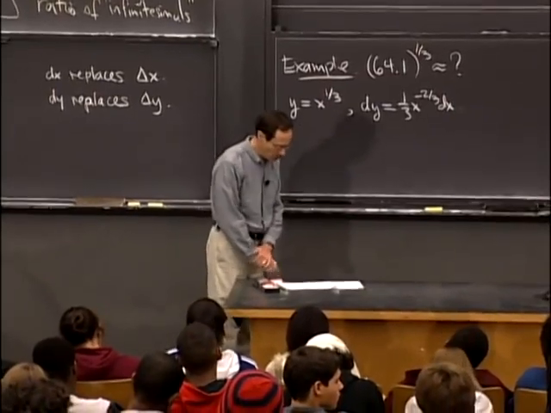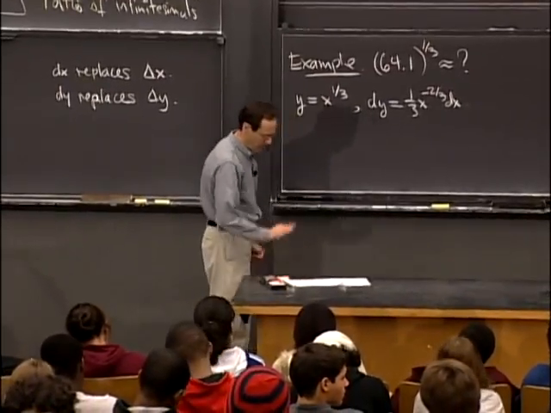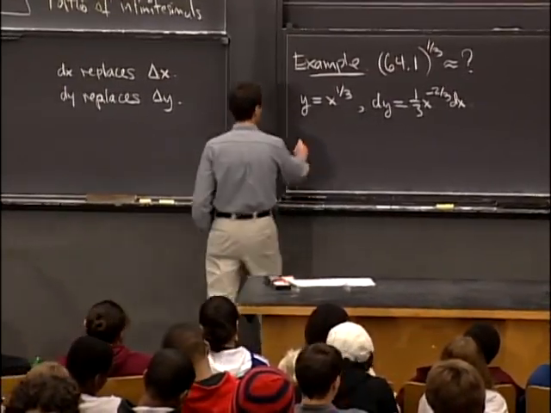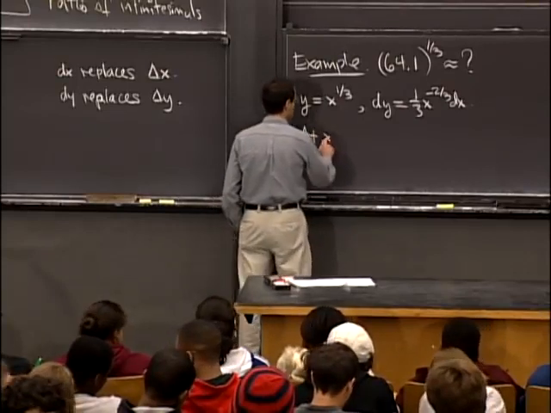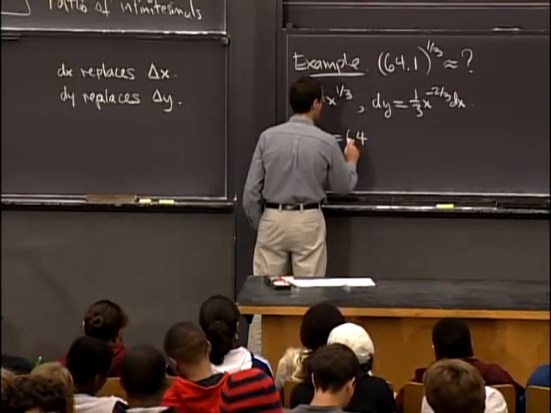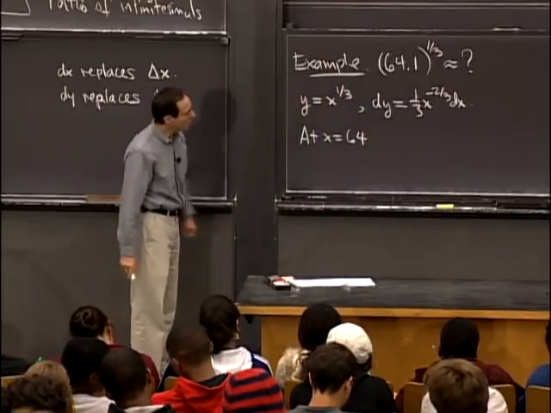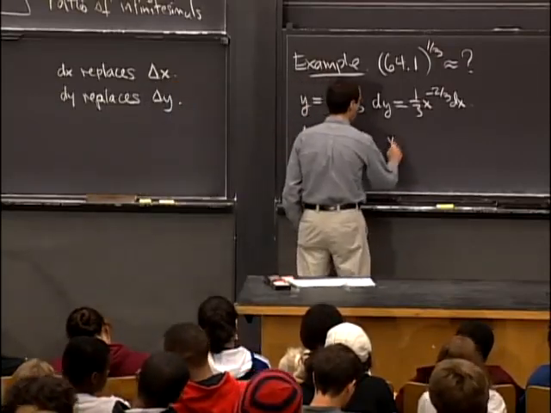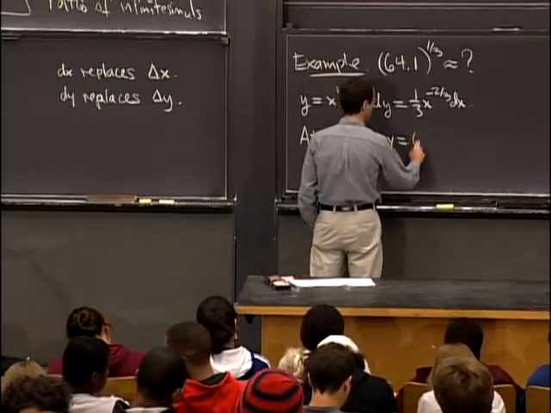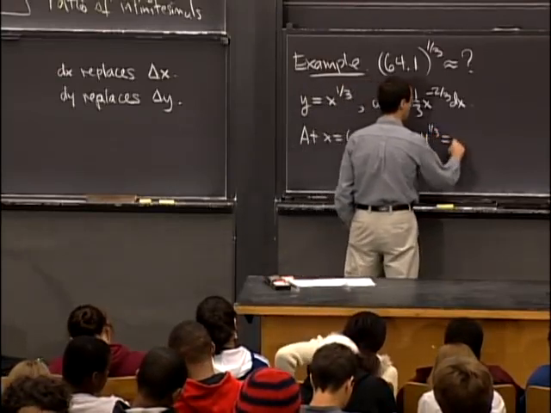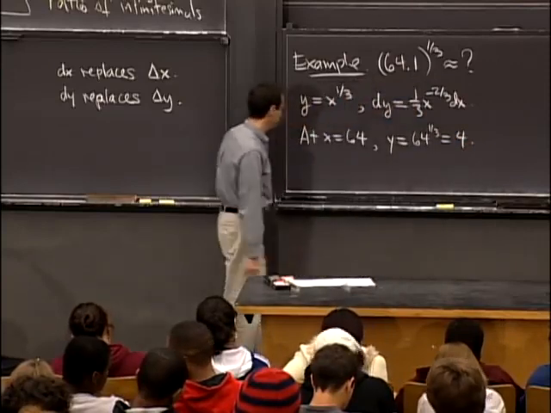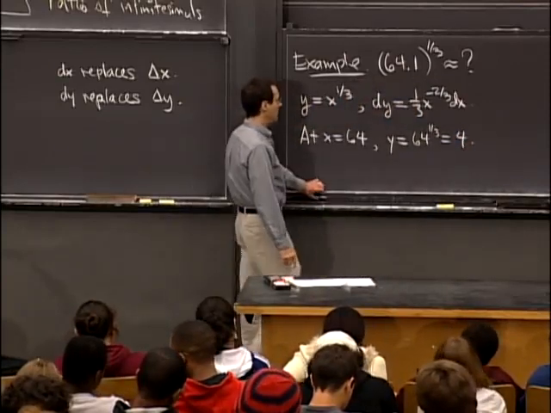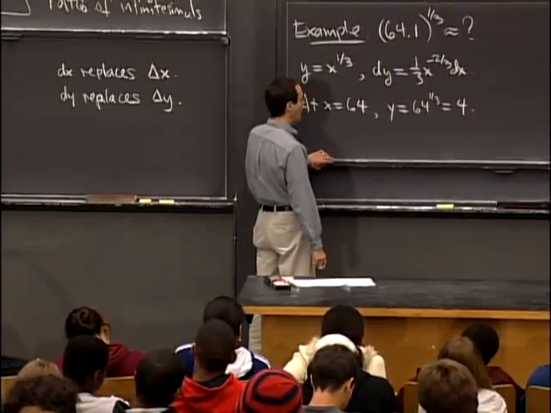And now I'm just going to fill in exactly what this is. At x equals 64, which is the natural place to choose nearby where it's easy to do the evaluations, we have y equal to 64 to the 1/3, which is just 4. And how about dy?